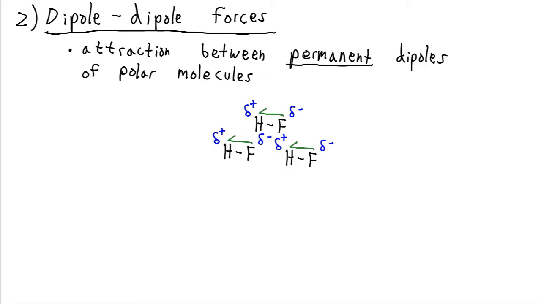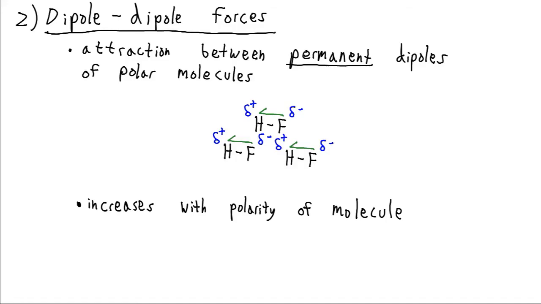And so when we bring these molecules together in a liquid, the dipoles will tend to align, leading to increased attraction between these molecules. Now this attraction is going to increase with the polarity of the molecules. So we have relatively strong attractions here since hydrogen fluoride has a fairly polar bond.